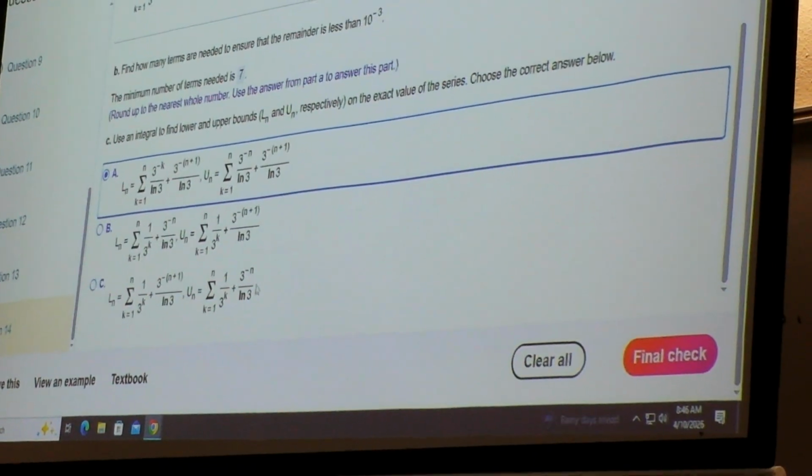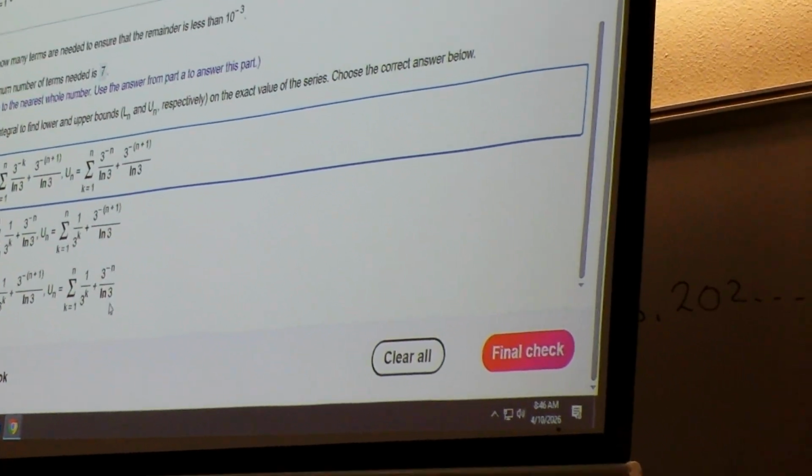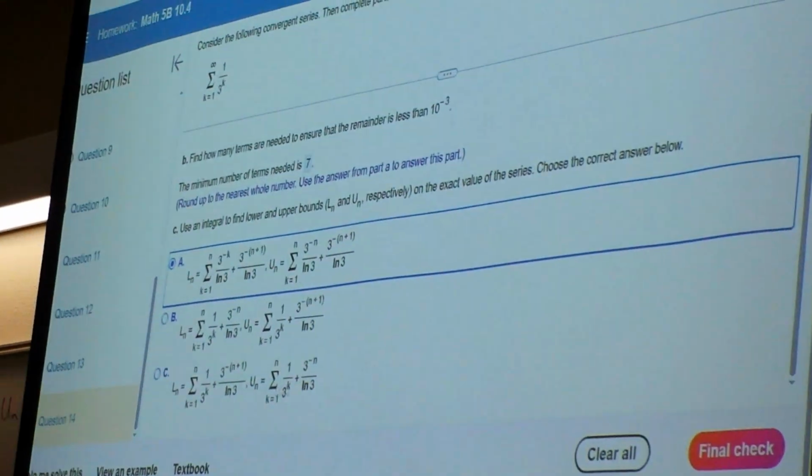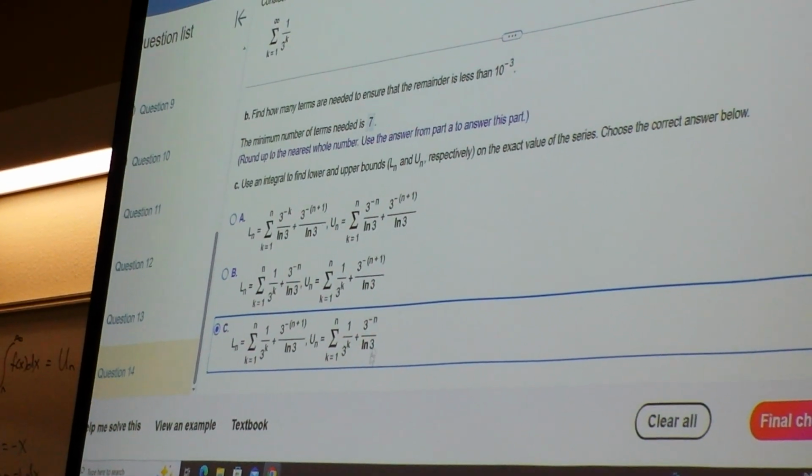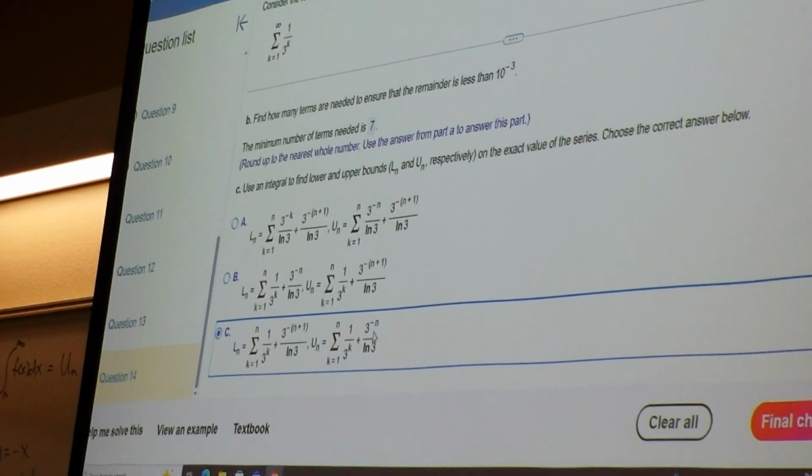And I don't see that here, so what's going on? Oh, well, if you write it as 3 to the negative n over ln 3, is that on there? There it is, right here. It's C, because it's the same value. Do you guys see this 3 to the negative n here?